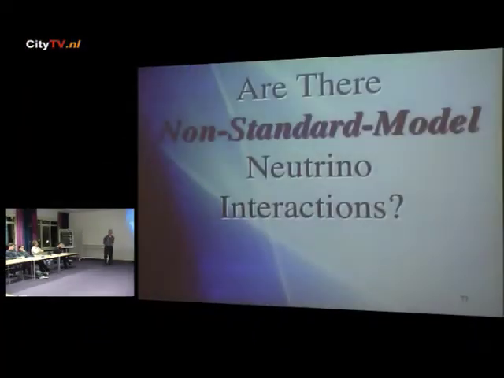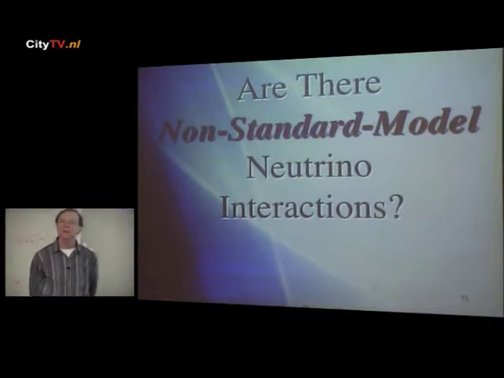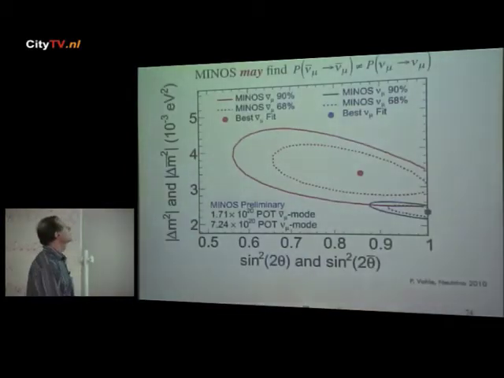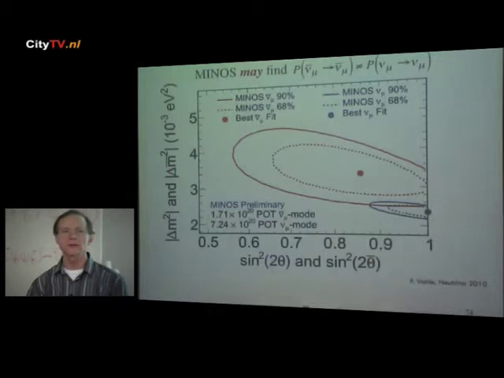A second surprise. This one has to do with the possibility that neutrinos interact with matter in a way that's outside the standard model. There's an experiment called MINOS, which sends a beam of neutrinos from Fermilab about 735 kilometers to a distant detector.